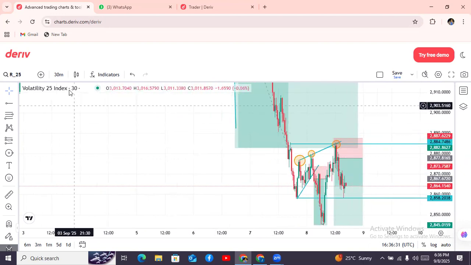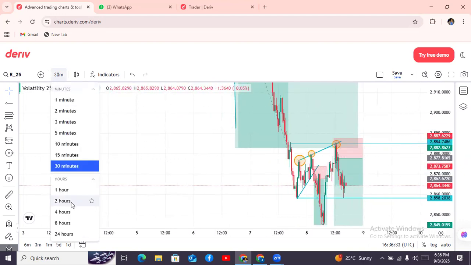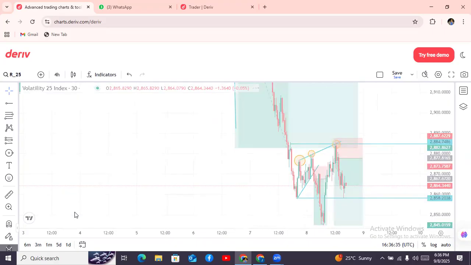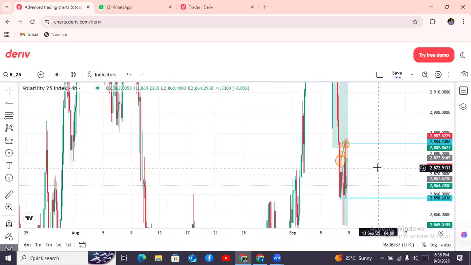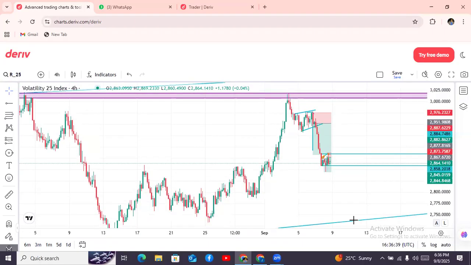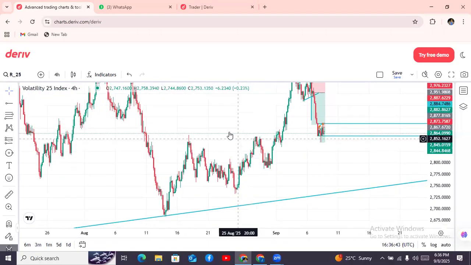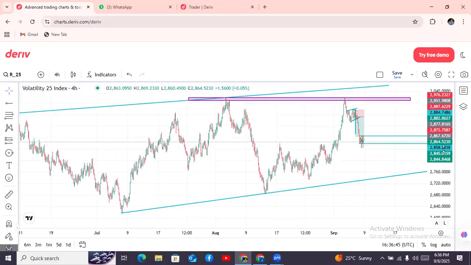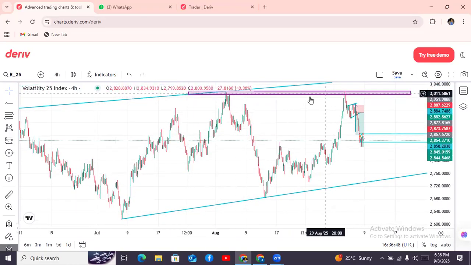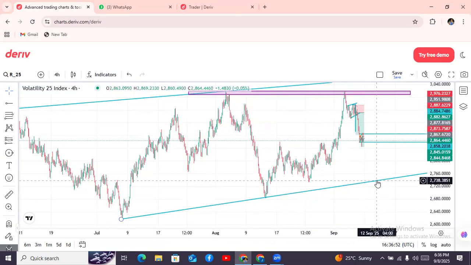One of the reasons to believe that this market was going to go down is to see the overall structure of the market. We can see that it's a double top, and the market is yet to come and give us a third touch there.